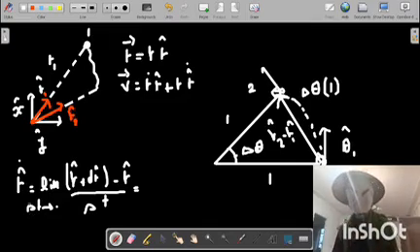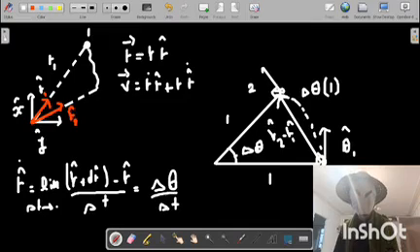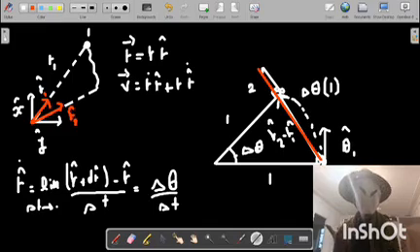So this vector is delta theta, the amount of it is delta theta. Let's divide it by delta t, and the direction of that is theta hat. Let me show you right here. See that? They have the same directionality.